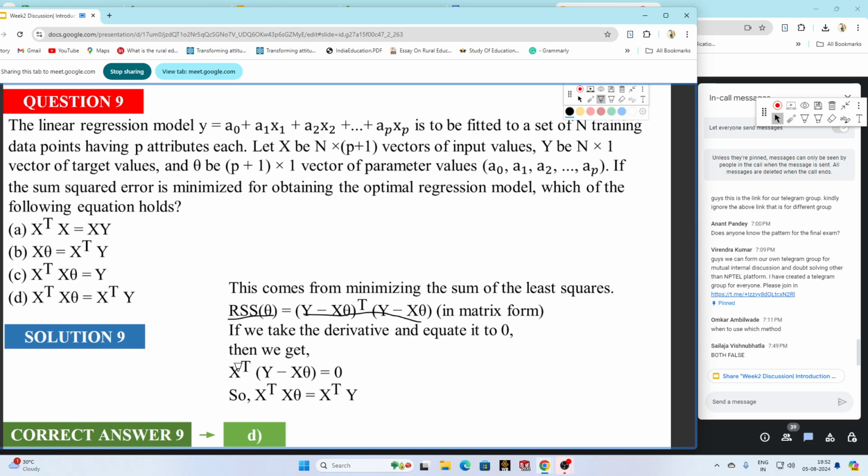You can open it: X transpose y minus X transpose X theta. When we open it, that equals X transpose y equals X transpose X theta. So this will be your answer, and the right answer is option D. So it is clear, right? Same question as before, instead of beta they have taken theta.